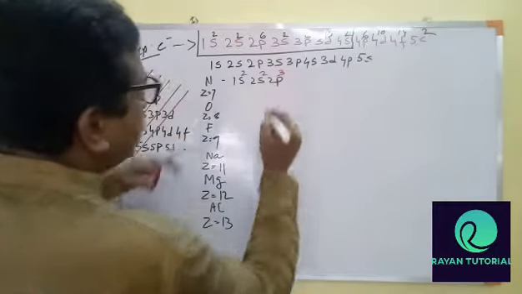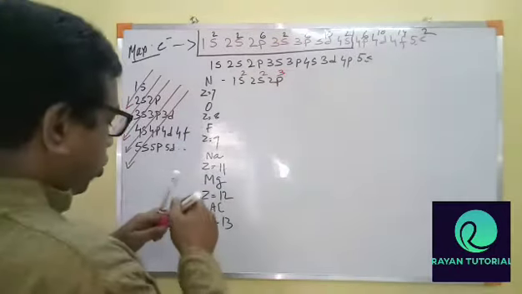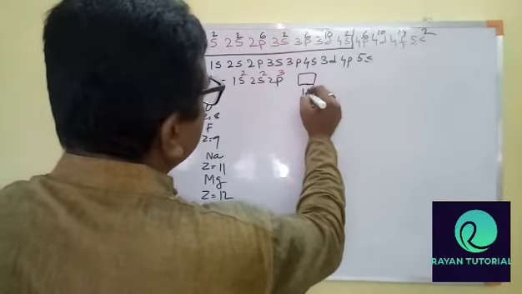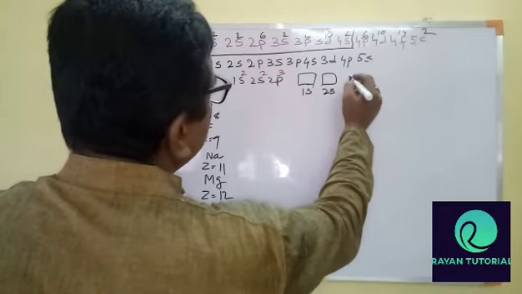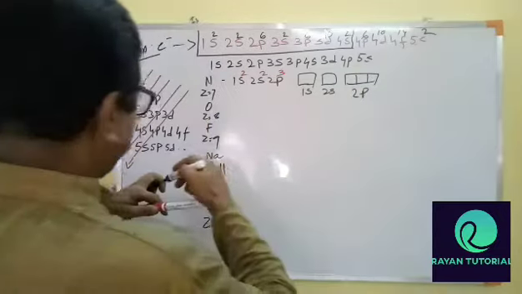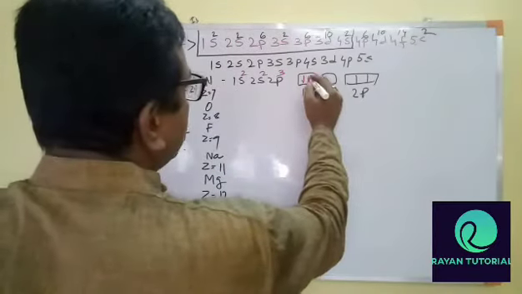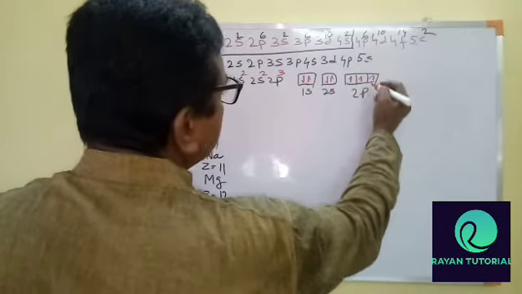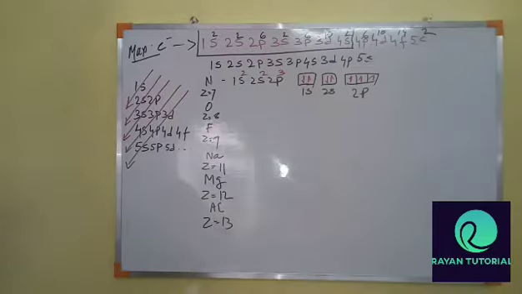That means here I will be putting 3, right? So 1s, 2s and then 2p: here 2 electrons, here 2 electrons, and 3 more electrons. Clear? 2, 4 and 3, 7. Okay, nitrogen. Who is 10? Neon.